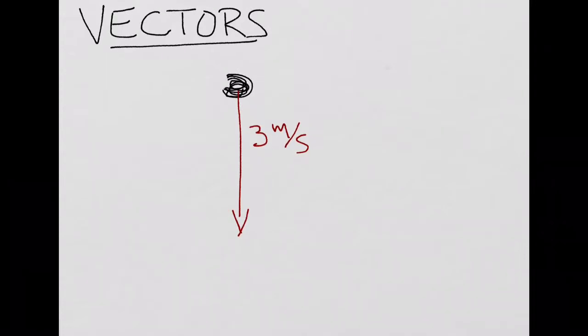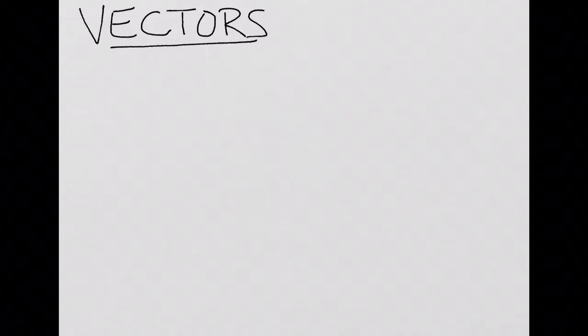So let's say we want to add vectors. This is a very important feature. Let's say I have a vector A that's like this, and I'll denote a vector with an arrow like that, and I have a vector B that's like that.